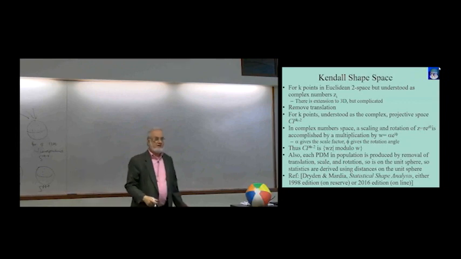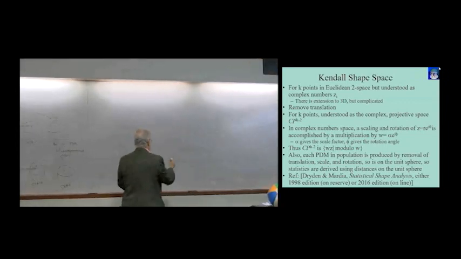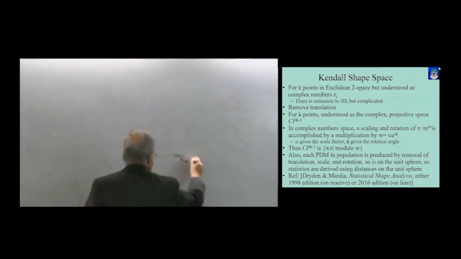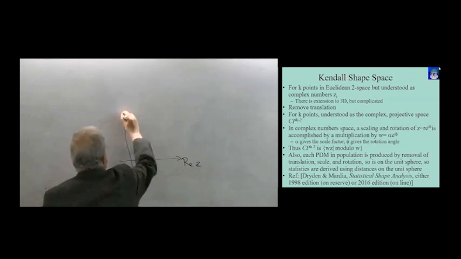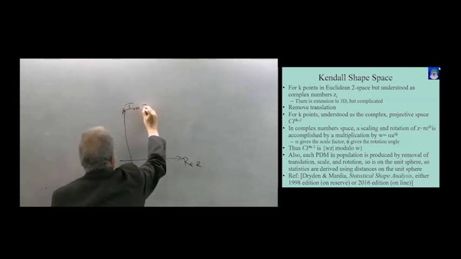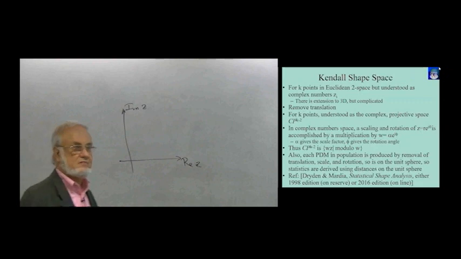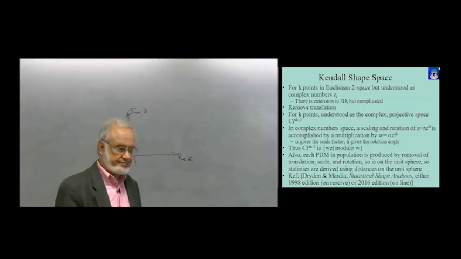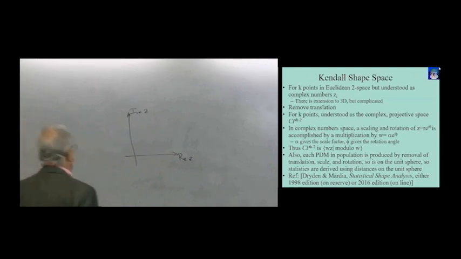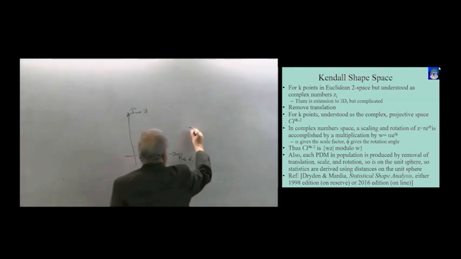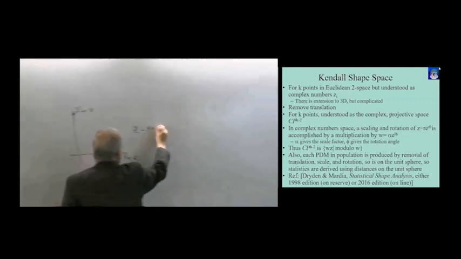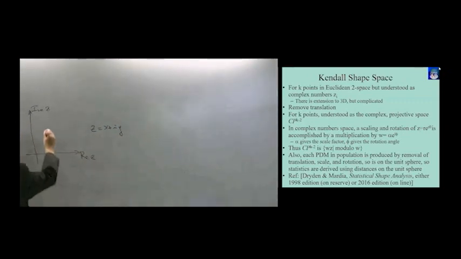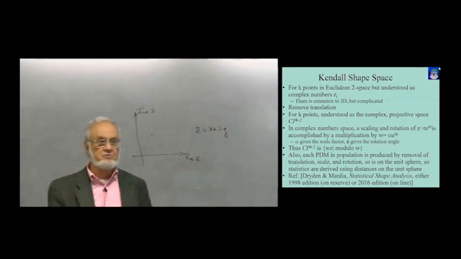In complex space, where you have a real axis and an imaginary axis, a duple z equals x plus iy is a point in complex space.